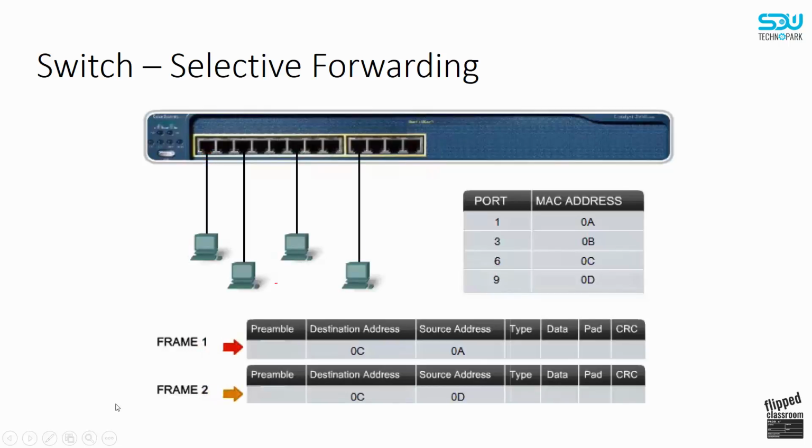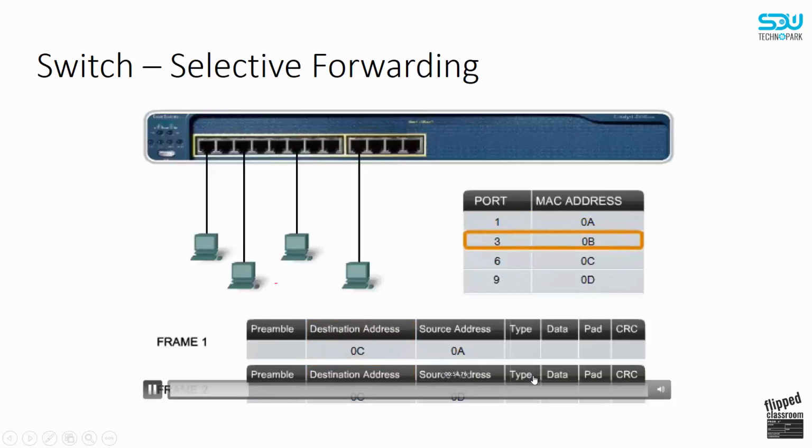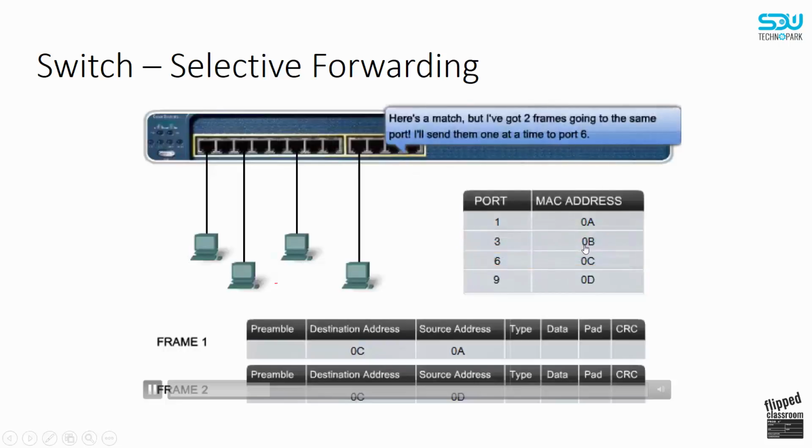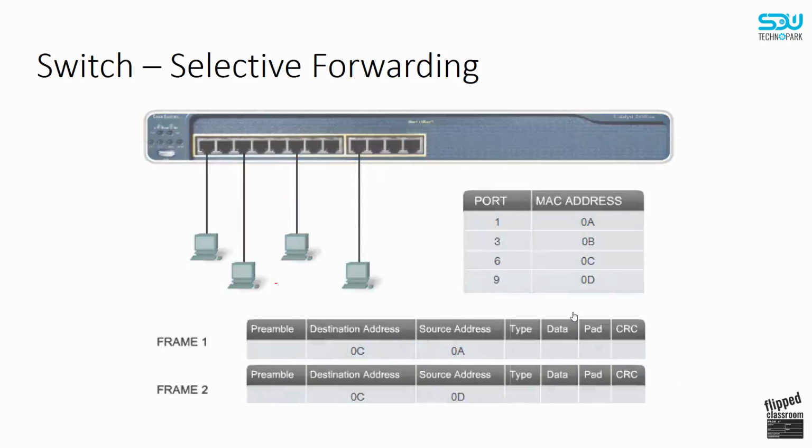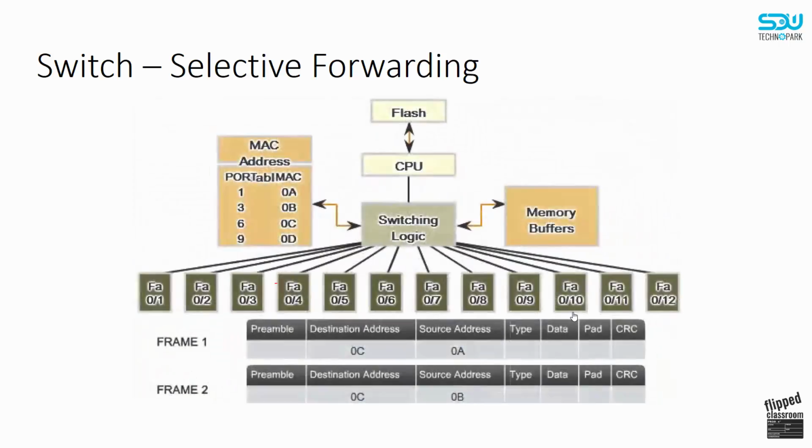Computers are sending information to the switch, and the switch looks at the destination MAC addresses of these frames, and afterward finds from the MAC address table where to resend these frames. After finding the number of the port, the switch just resends this information.